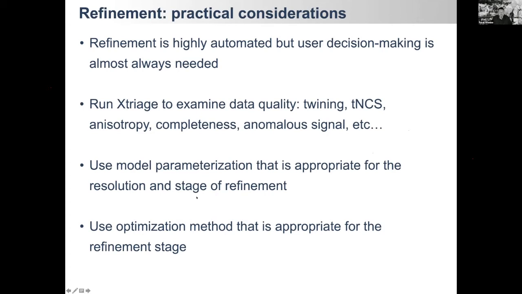I mean, you need to adjust some very basic parameters, like how many copies of a particular thing you have, but this is pretty much it. While in refinement, you need to do a lot of decision making, such as how you parameterize your model, what my resolution is, and depending on resolution, what strategy you choose. There's a lot of stuff you need to think about in refinement.